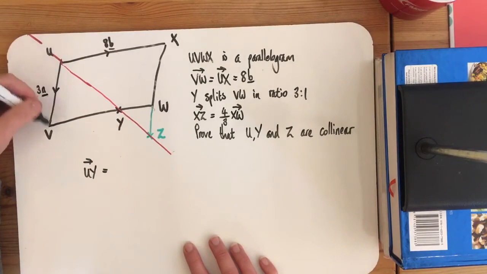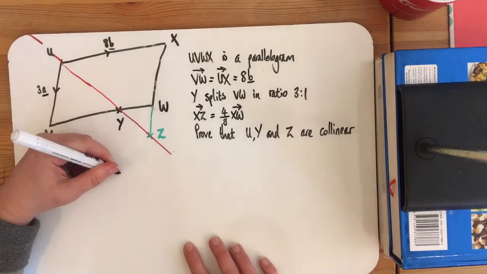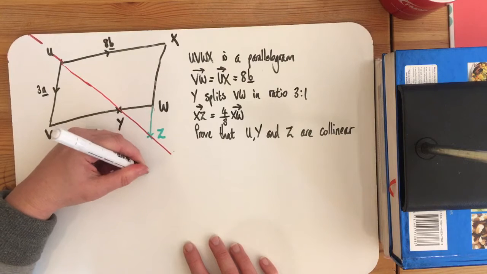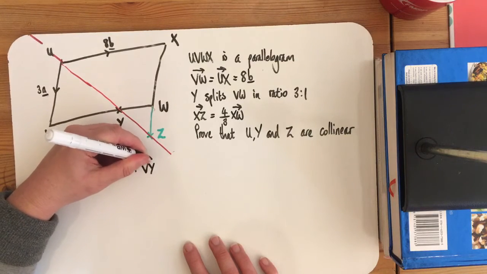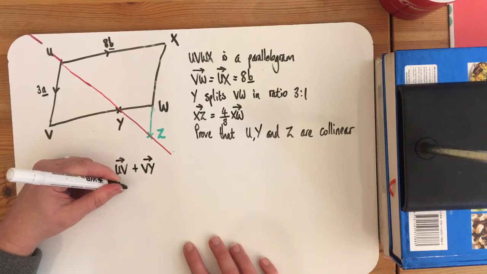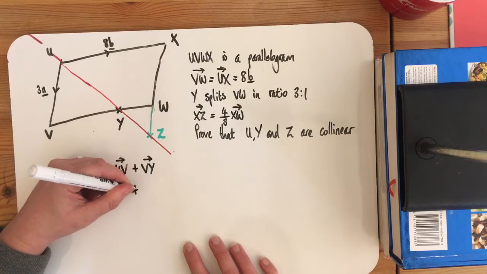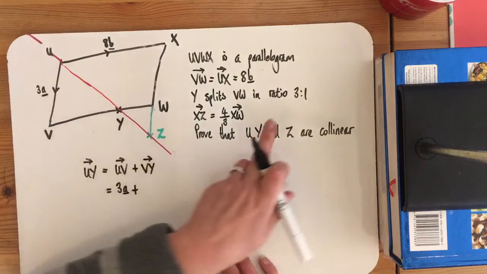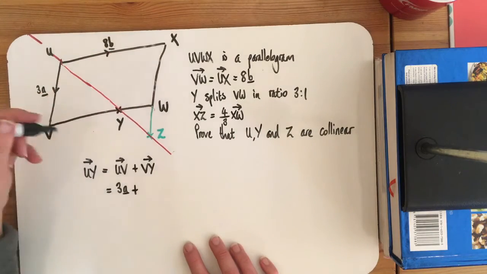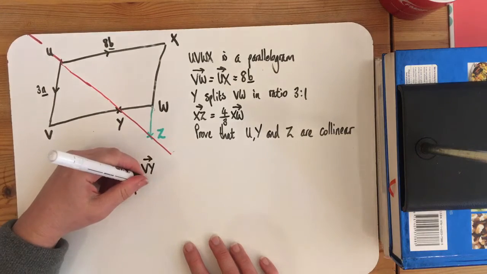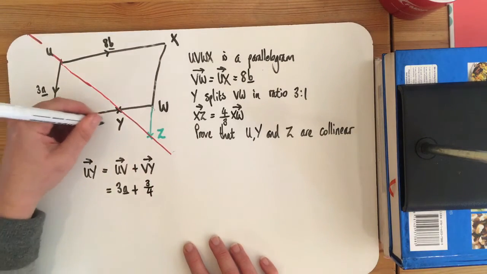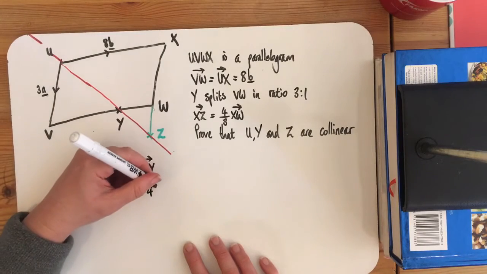So UV plus VY. UV is equal to 3a. And then VY, this is splitting VW in the ratio of 3 to 1, so 3 parts to 1 part, so it's 3/4 of the way along VW.